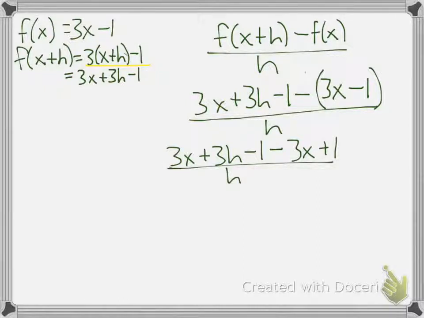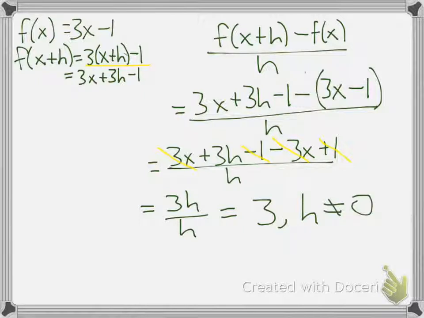So we hope it simplifies. Let's see. I have a negative 3x and a positive 3x, a negative 1 and a positive 1. So it looks like I'm left with 3h over h, which becomes simply 3, and again when h is not equal to 0. Now why we need h not equal to 0, might as well mention it now. If h was equal to 0, we'd have an undefined term from the beginning, and it wouldn't work.